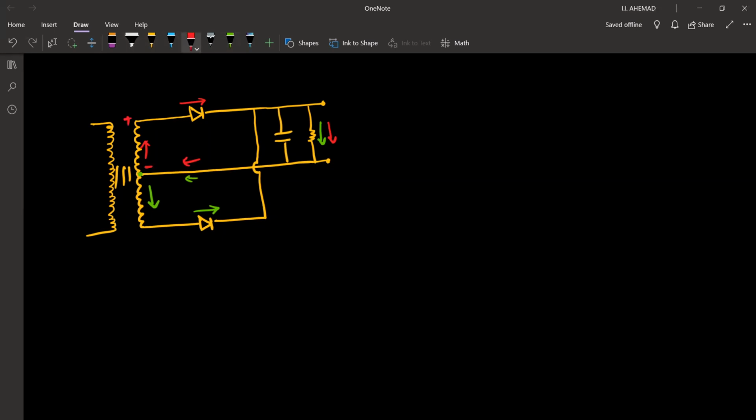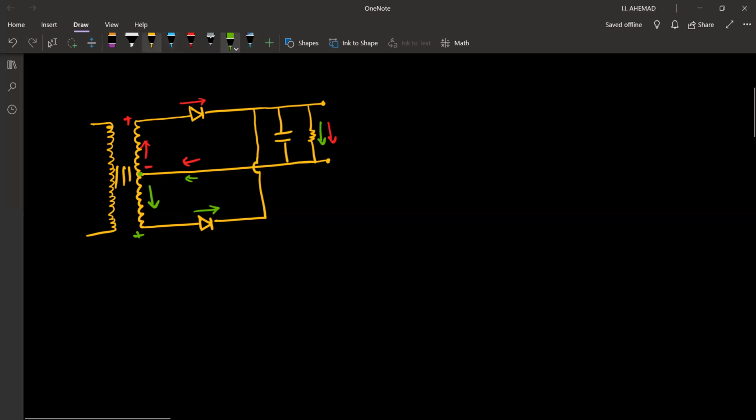So this center acts as a negative. It doesn't matter whether the current is induced in the upward or the downward direction. For both cases, the current through this resistor is always downwards.